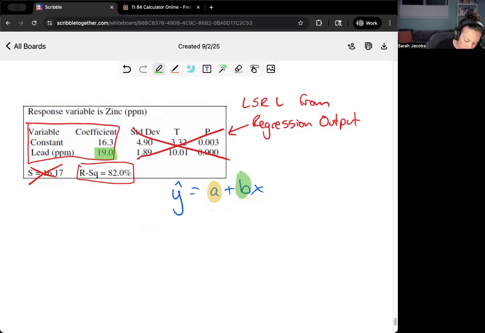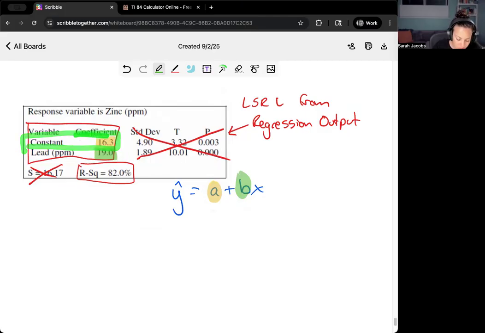So our slope is going to be the coefficient on the explanatory variable. Whatever this is, in this case, it's lead. It could be inches. It could be years. It could be anything that makes sense as an explanatory variable. That's the number we're using. And then for our constant, for our y-intercept, we're going to use the coefficient that goes with the constant.